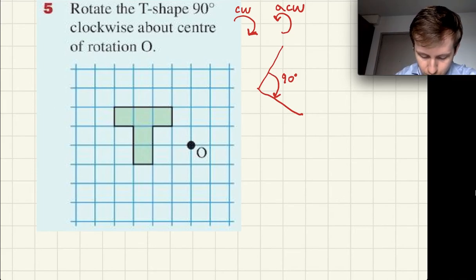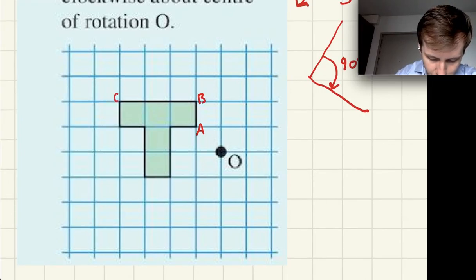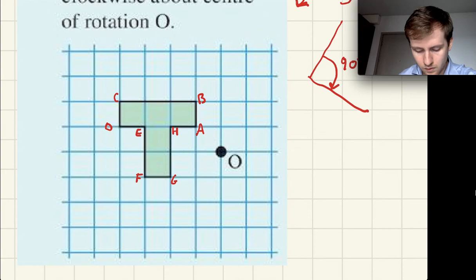I think I will name them. So we go A, I think I have to make it bigger, A, B, C, D, E, F, G, H. Like this.